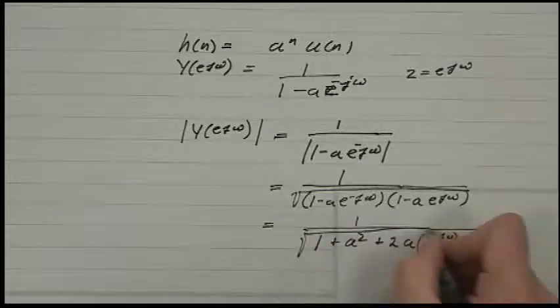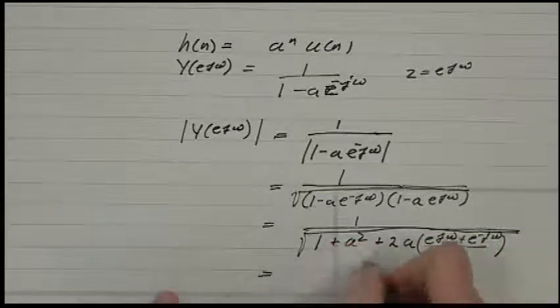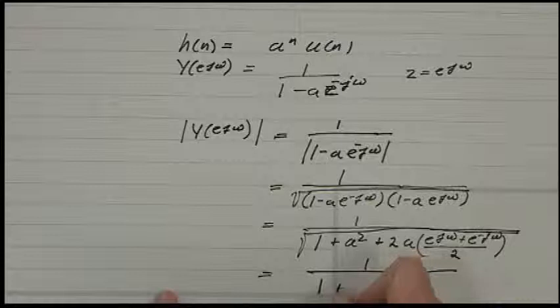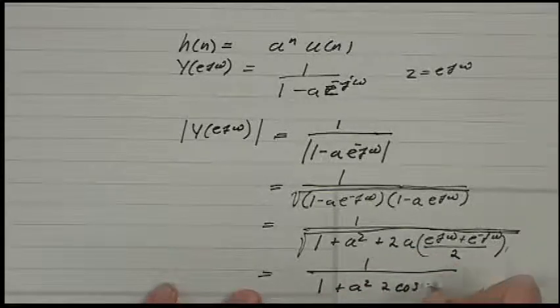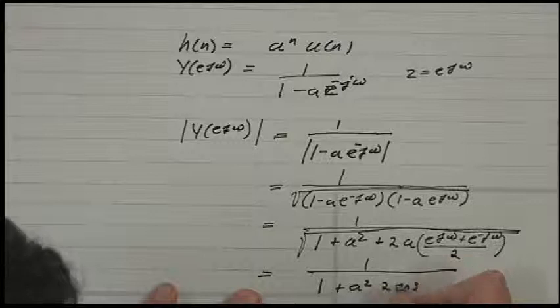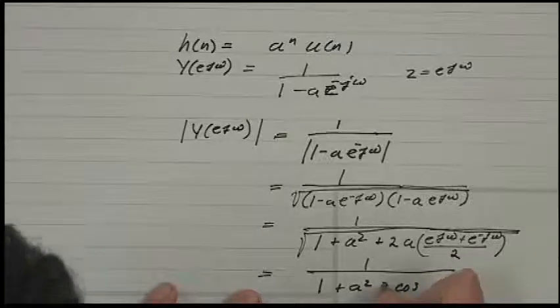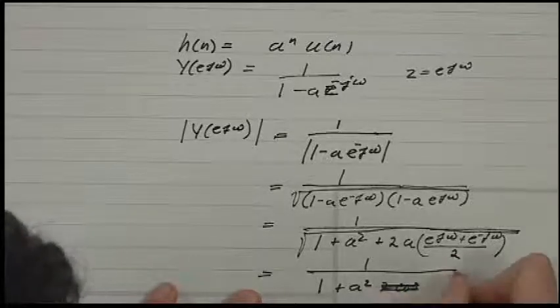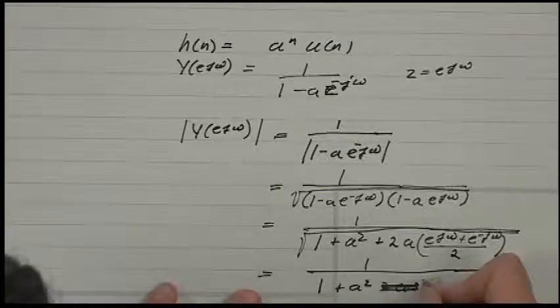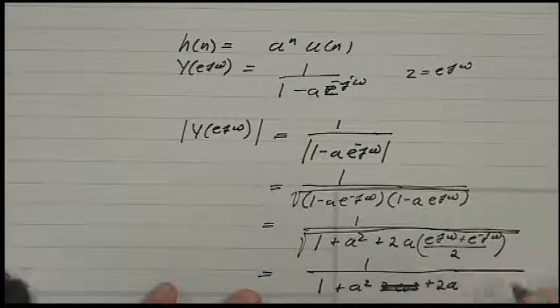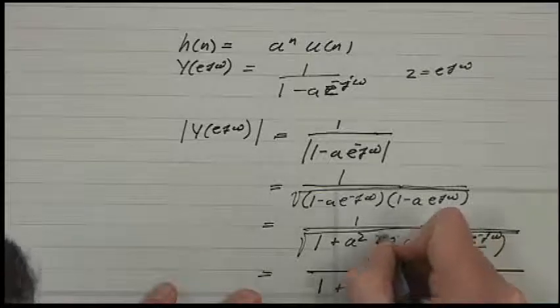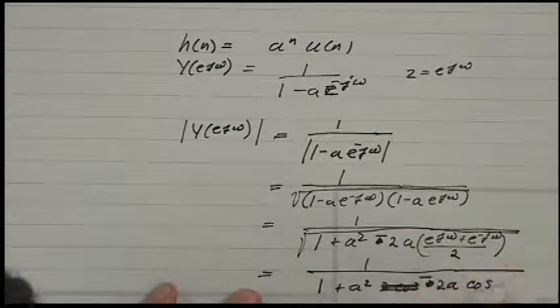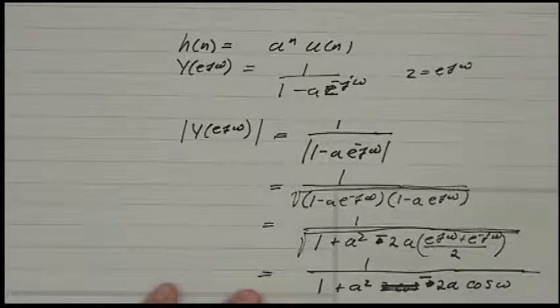And you take a square root. So that's equal to 1 over 1 plus a squared times 2 cosine of. Oh, I kind of messed that up. It's 1 plus a squared plus 2a, and then this is cosine, minus, yeah, lost the minus sign, times cosine omega. All right?